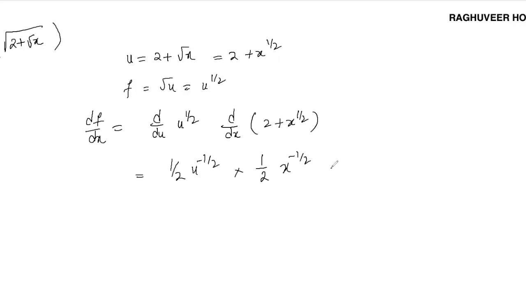So this is half into u, which is 2 plus root x, to the power of minus half, times half, that is 1 by 4, multiplied by x to the power of minus half.